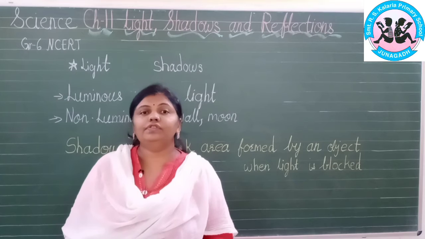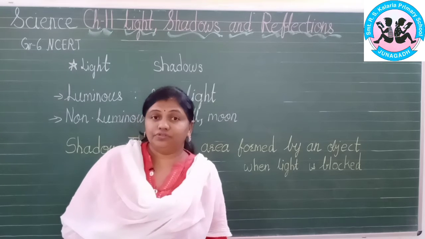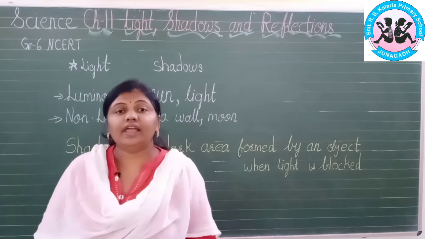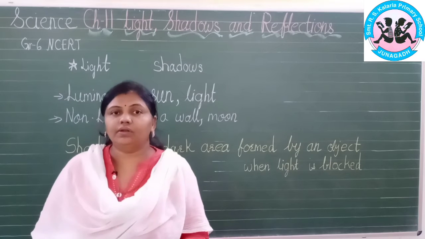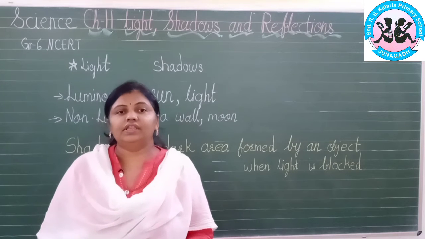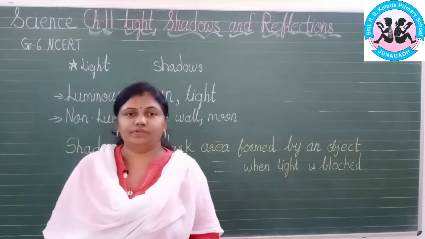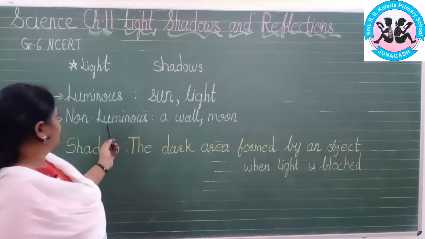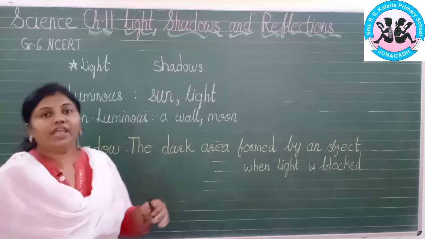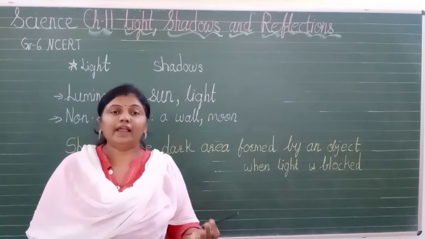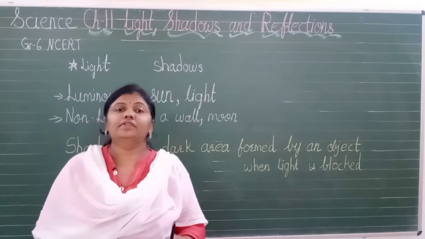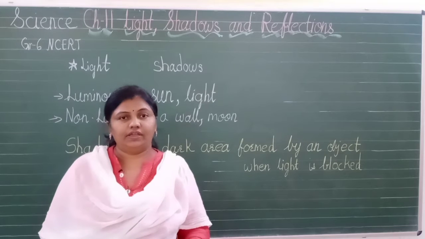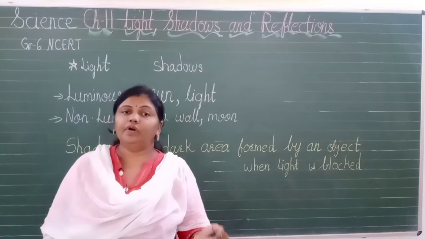Clear? If the light is falling on the tree, then you are able to see it. It means that it is a non-luminous object. So you are clear with the luminous and non-luminous. Luminous emits its own light, while non-luminous means which doesn't have its own light. It requires the help of other.